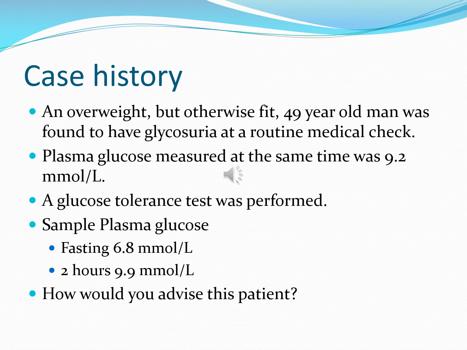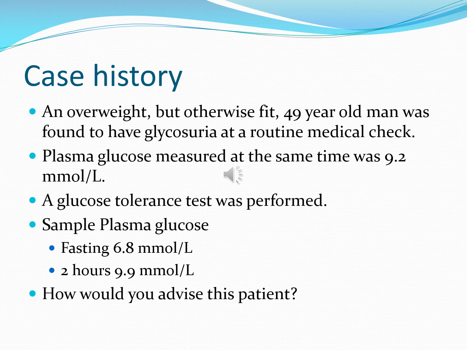So case number 2 is an overweight but otherwise fit 49-year-old male, found to have glycosuria, so glucose in the urine, at a routine medical check. His plasma glucose measured at the same time was 9.2 millimoles per litre.